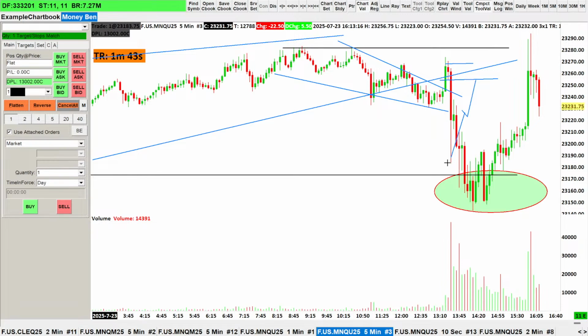My 3-to-1 target was here, 61.50. That was my target, and it happened so quick.